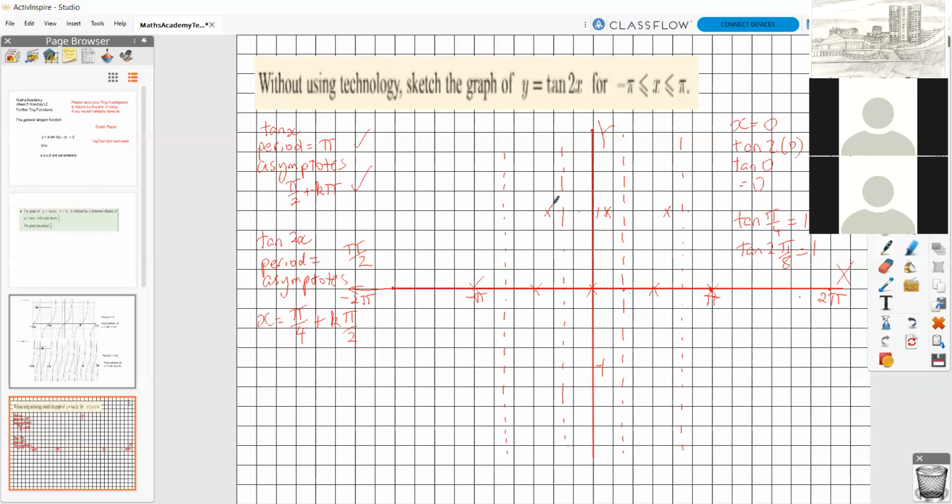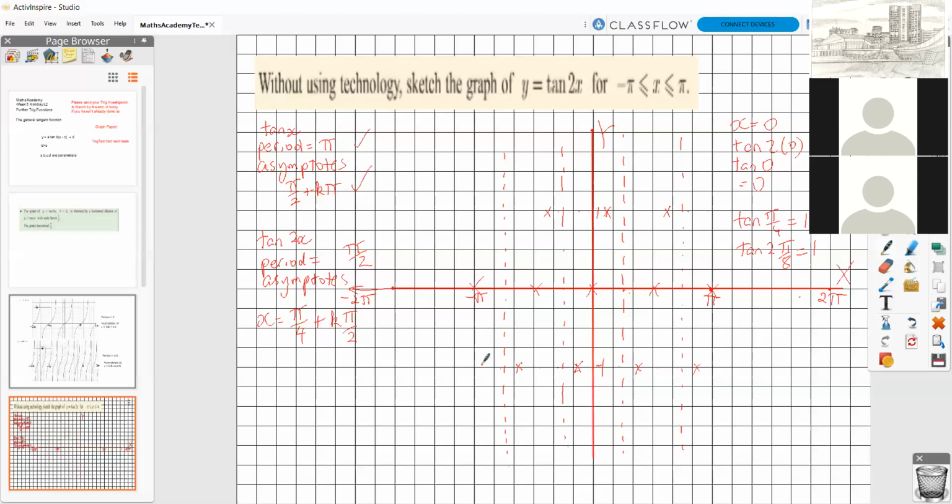We know that tan of negative pi on 8 is going to be negative 1. So here, counting 3 squares along, 1, 2, 3. 3 squares along, 1, 2, 3. We need that one. Going back 1, 2, 3, we're outside the domain then. So that's all that we need.